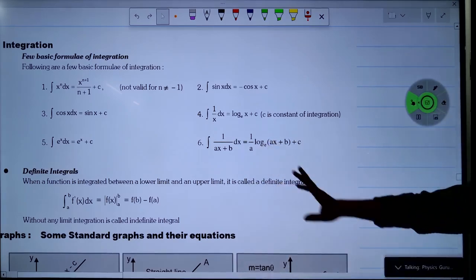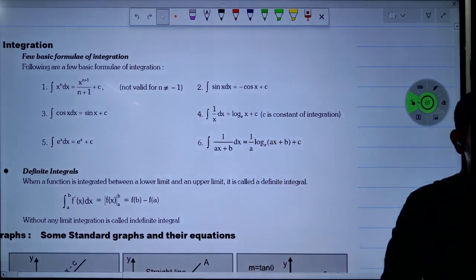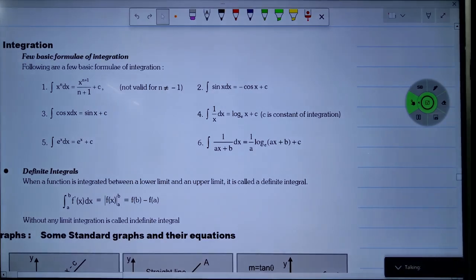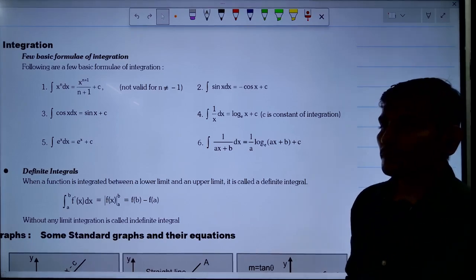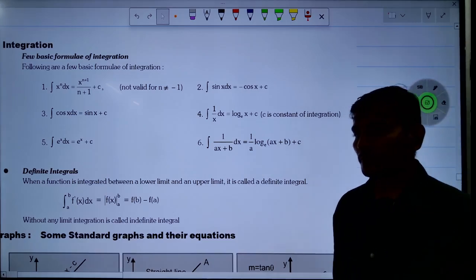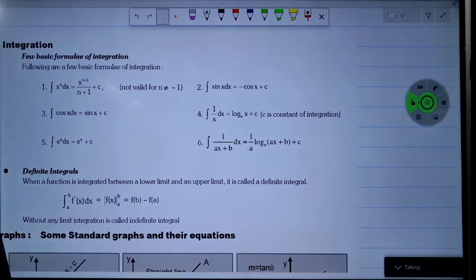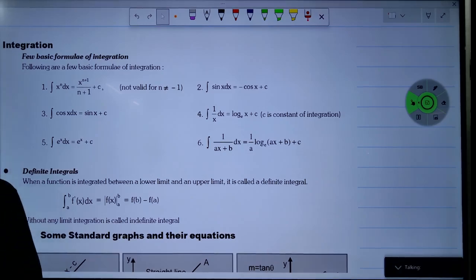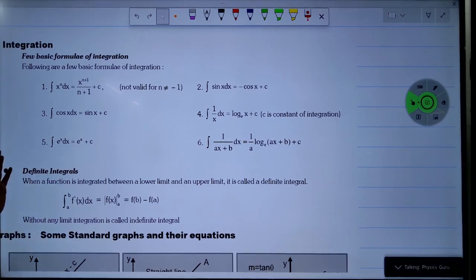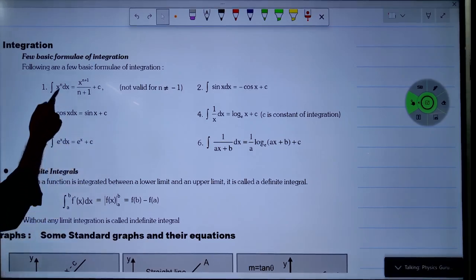Note down these basic 6 formulae. 99% of the time we will be using the first formula.